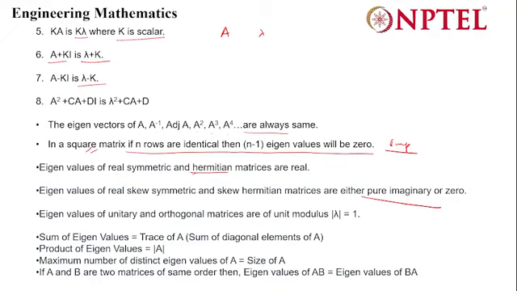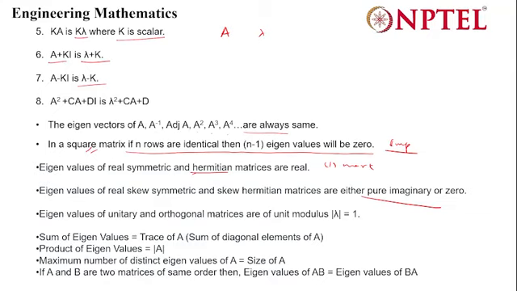Sometimes they just simply ask a 1 mark question on these properties. Suppose they are giving a real symmetric matrix and then they will ask if eigenvalues are real or imaginary, if they are pure imaginary or zero. Then eigenvalues of unitary and orthogonal matrices are of unit modulus.